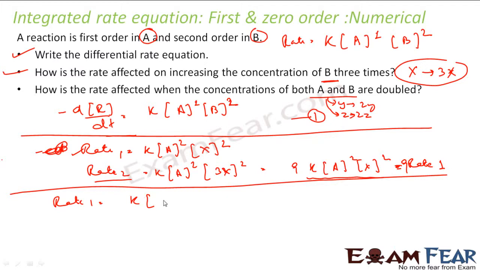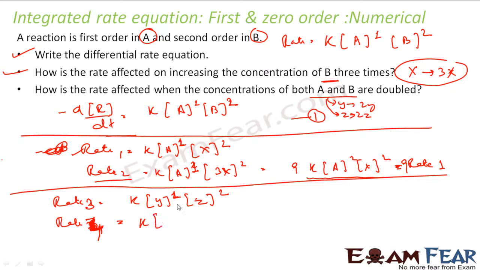So the initial rate will be k, A is Y to the power 1, and the concentration of B we took Z to the power 2. For the final rate, rate 1 and rate 2 we already took, so let's take rate 3 and rate 4, just to avoid confusion.